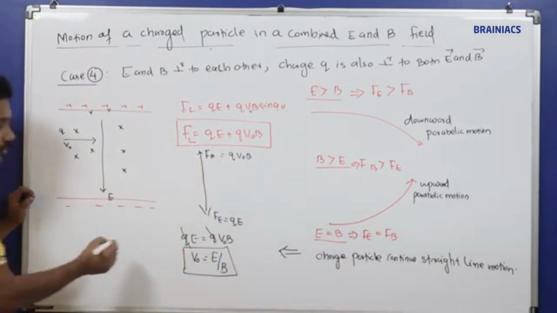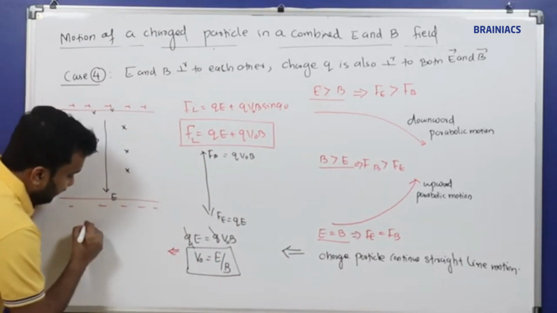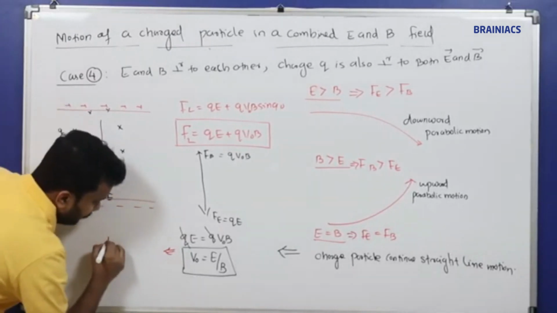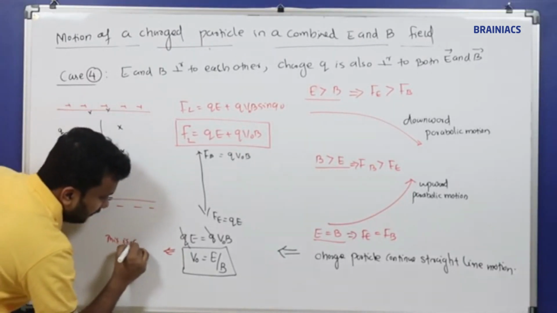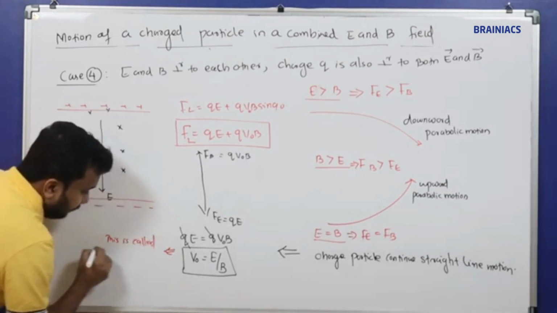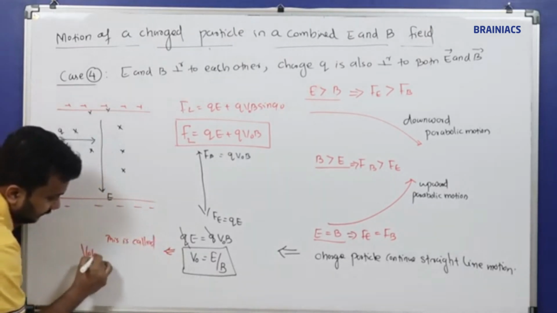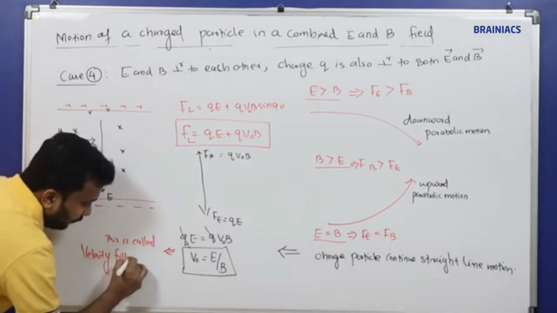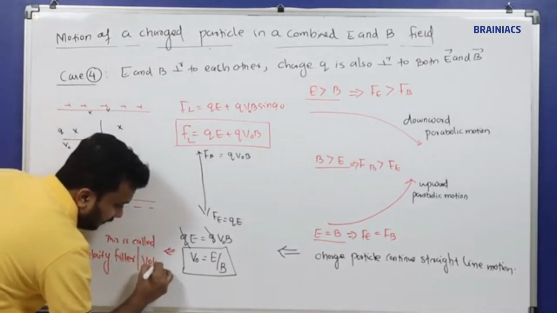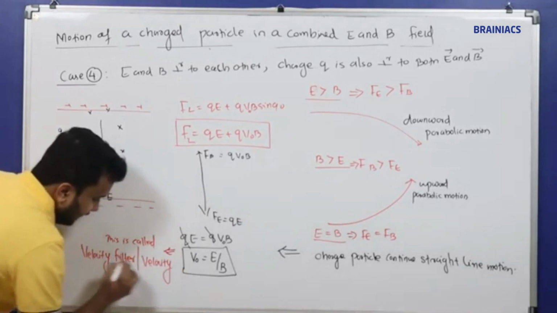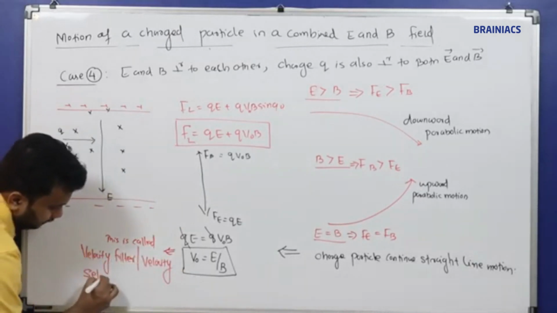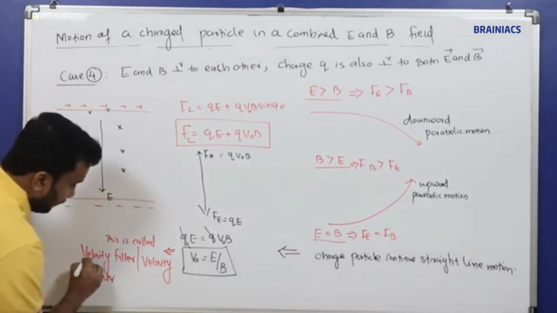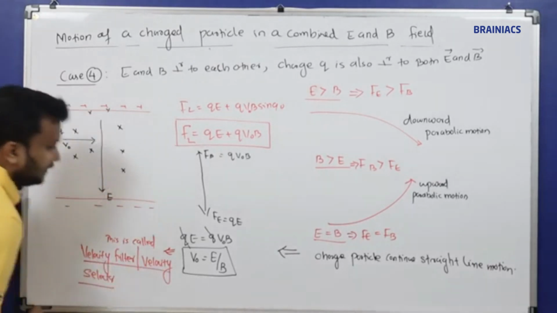This is a special condition, and this condition is called a velocity filter, or you can also call it a velocity selector. Somewhere you will see the words velocity filter or velocity selector.